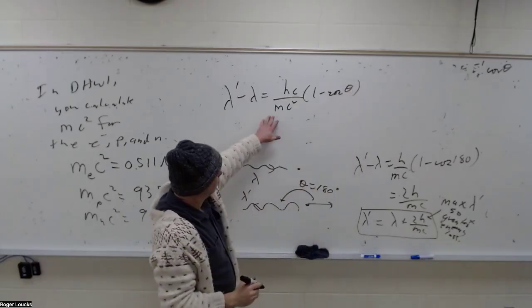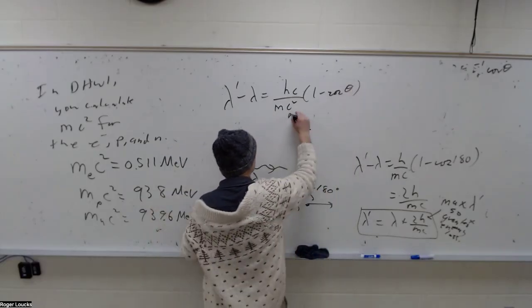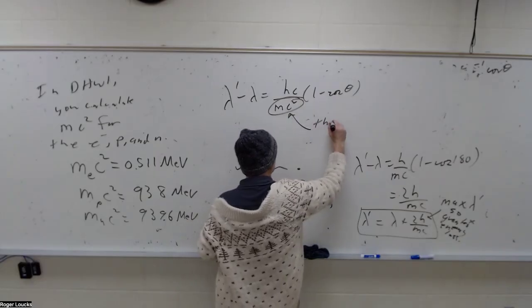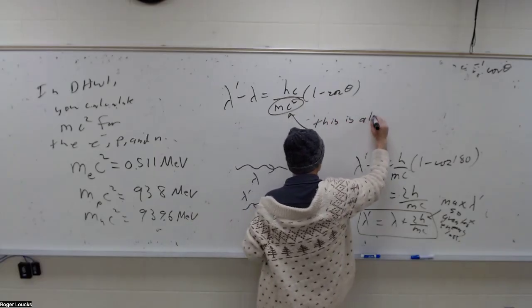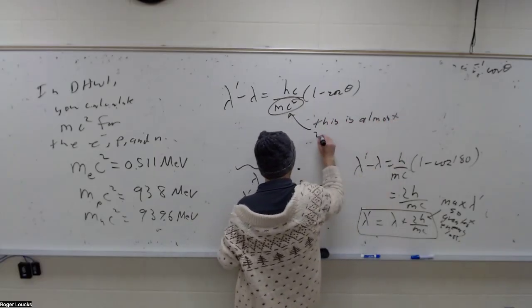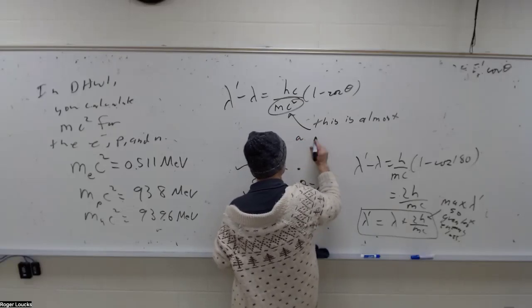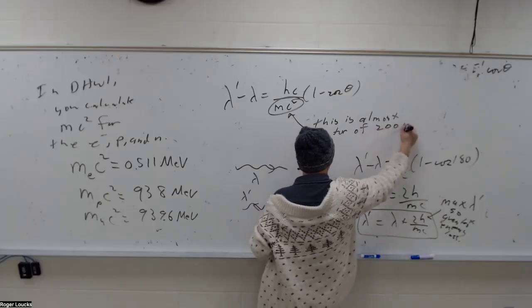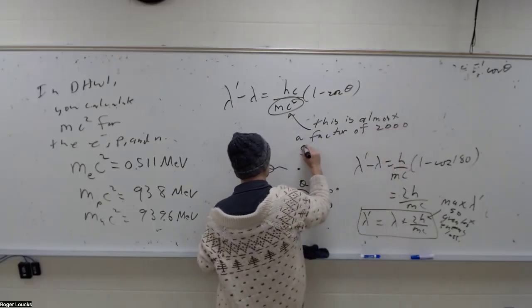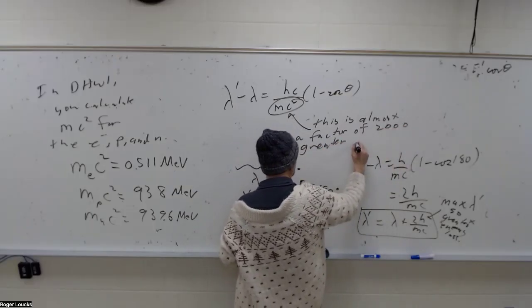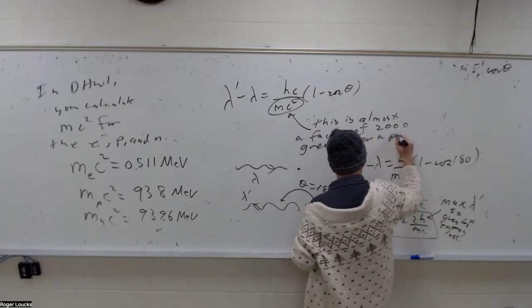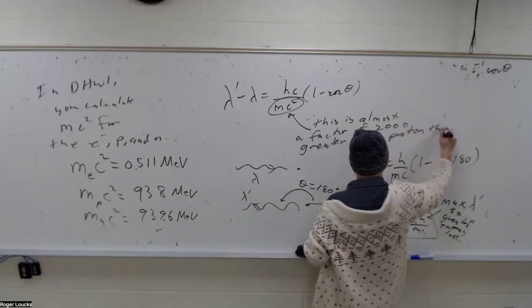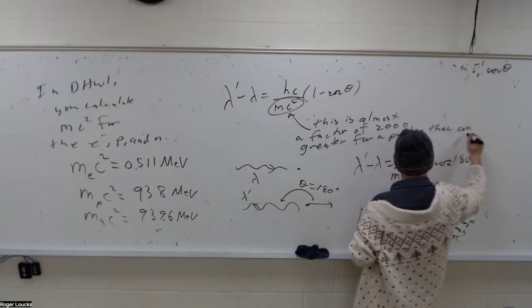So what's going to happen here is that this right here is almost a factor of 2,000 greater for a proton than an electron.